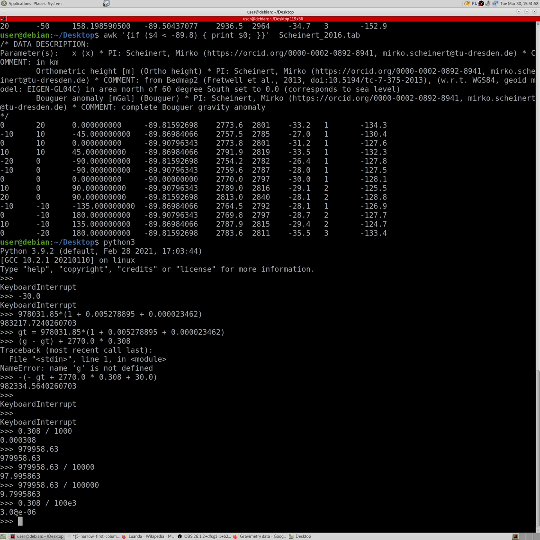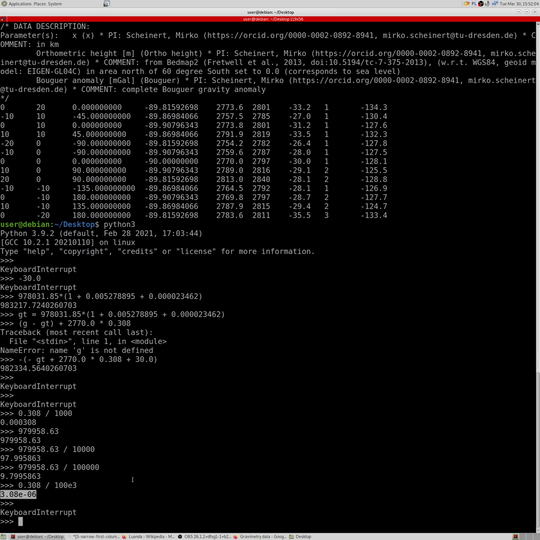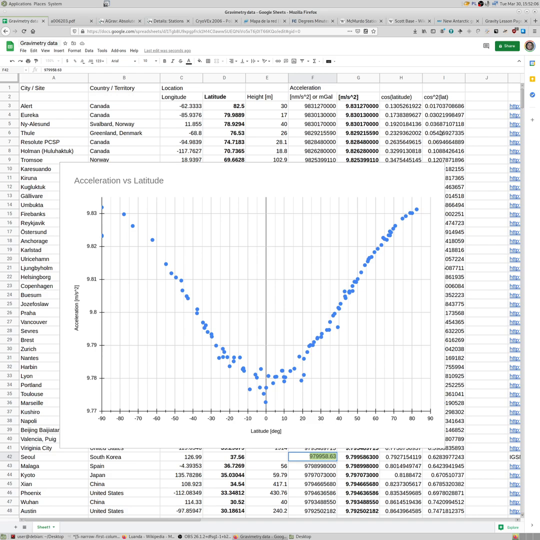That's 3.08 and 6 per meter. 308 per meter. So we'll do this minus 308, minus 6 times the height.